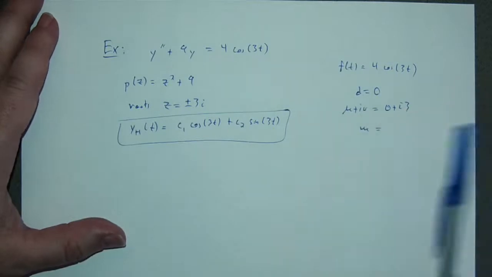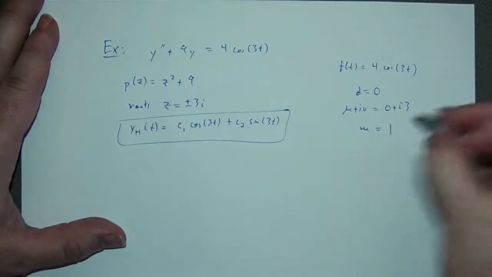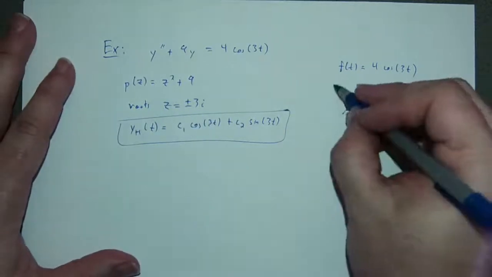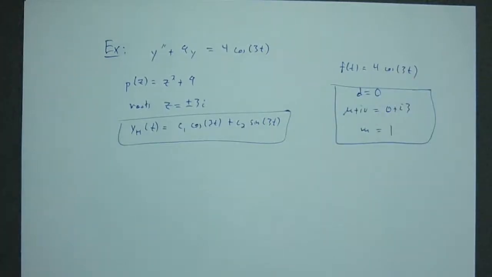Its multiplicity is 1, because 3i is indeed a root of the characteristic polynomial. It's a simple root of the characteristic polynomial, so it's a root of multiplicity 1. So there we go. Degree 0, characteristic 3i, multiplicity 1.